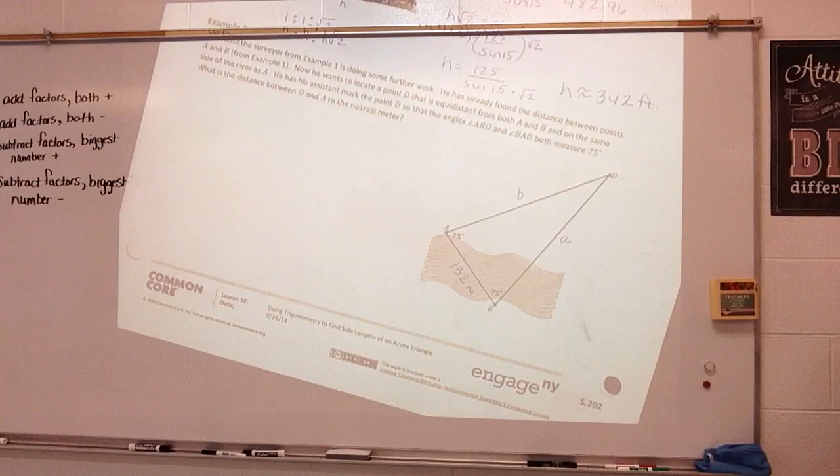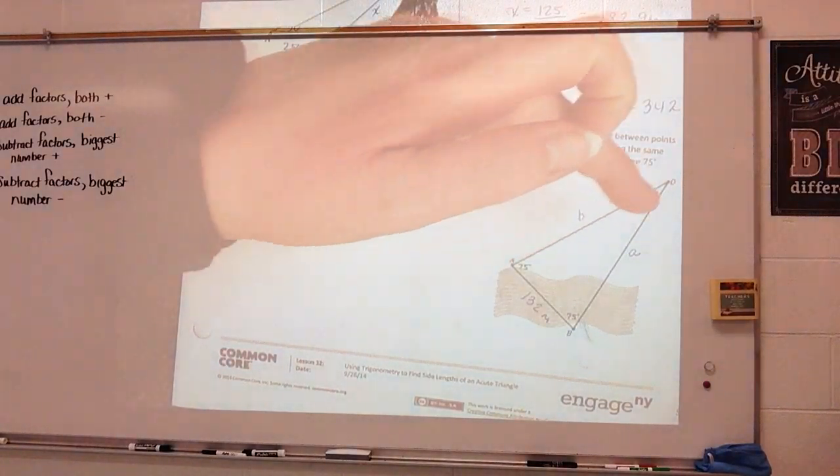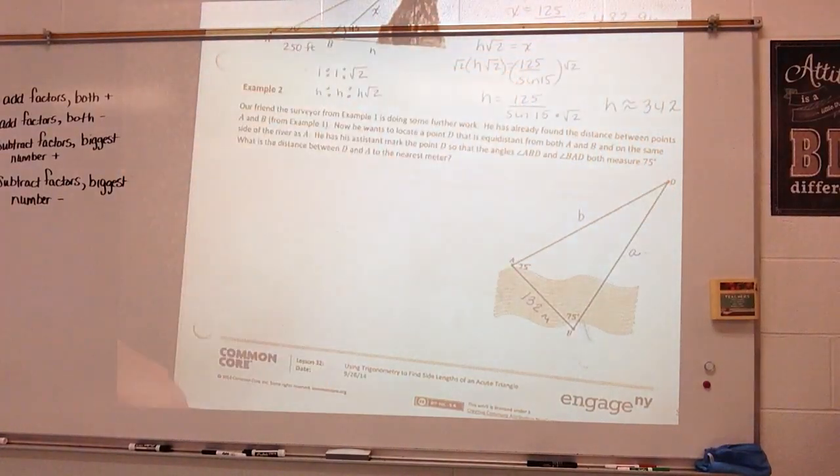So now we're going to set up an equation. We're going to use the law of cosines here. We're going to set up the equation trying to find the distance between D and A, or what we have labeled as little b.